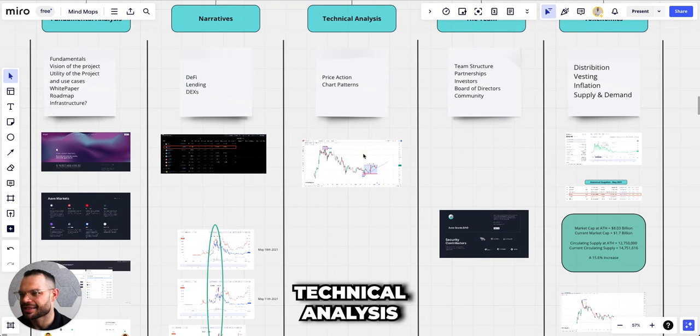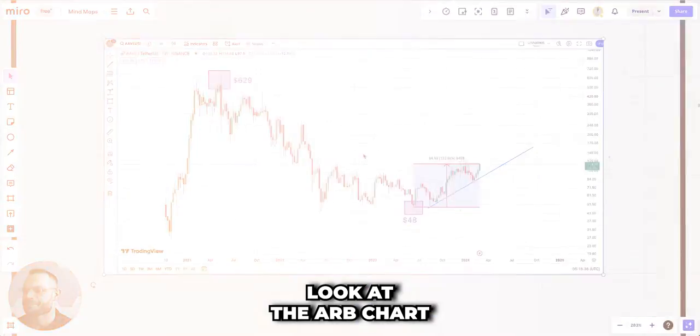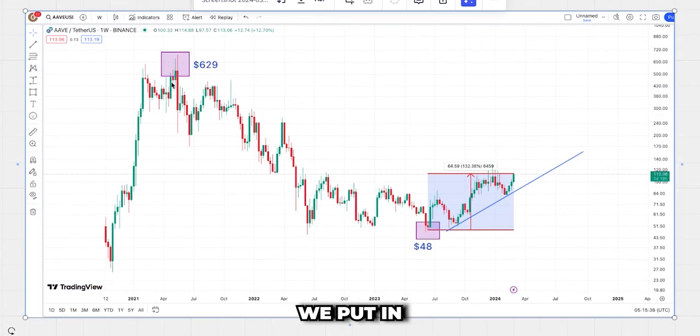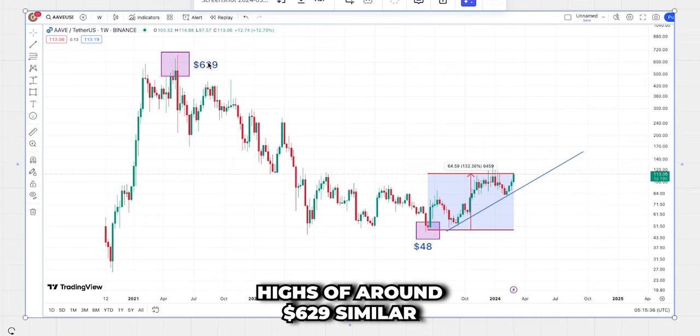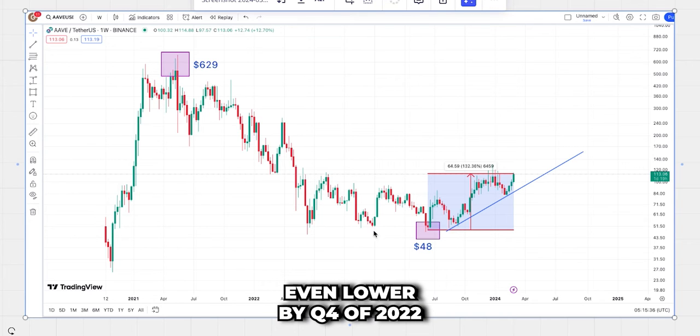Moving into the technical analysis, we've got a brief look at the Aave chart. At the height of the last bull cycle, we put in all-time highs of around $629. Similar to most of the altcoins in the space, we saw a large amount of retracement all throughout 2022. We hit pretty low prices around the $50 mark at the midpoint in 2022, even lower by Q4 of 2022.